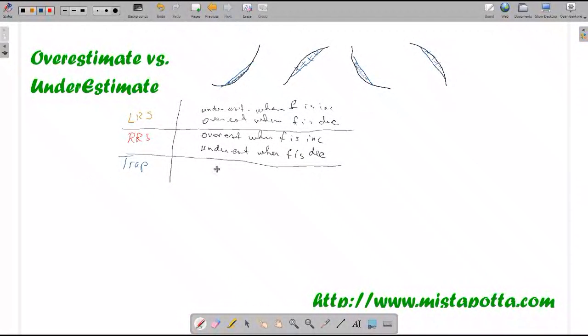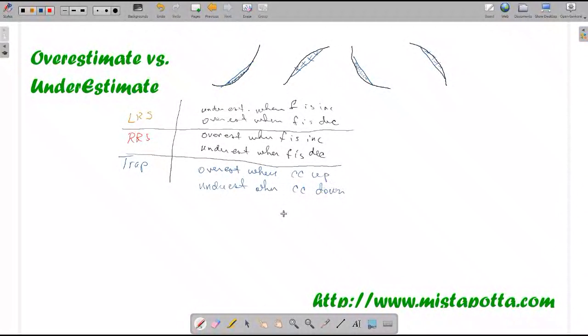And so my trapezoid rule is an overestimate when we're concave up and an underestimate when we're concave down.